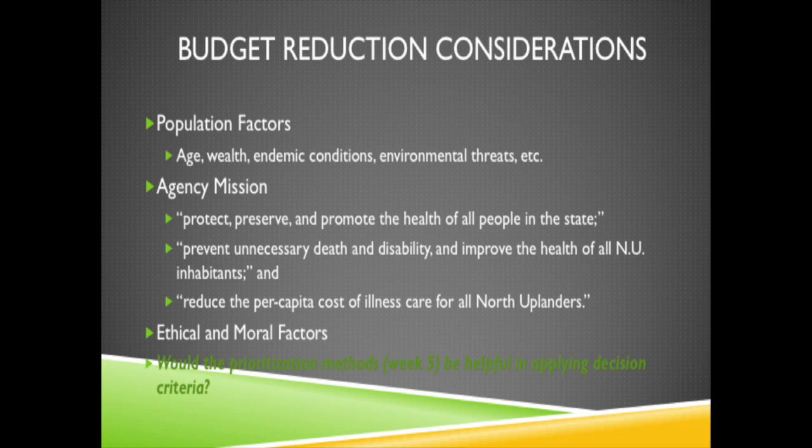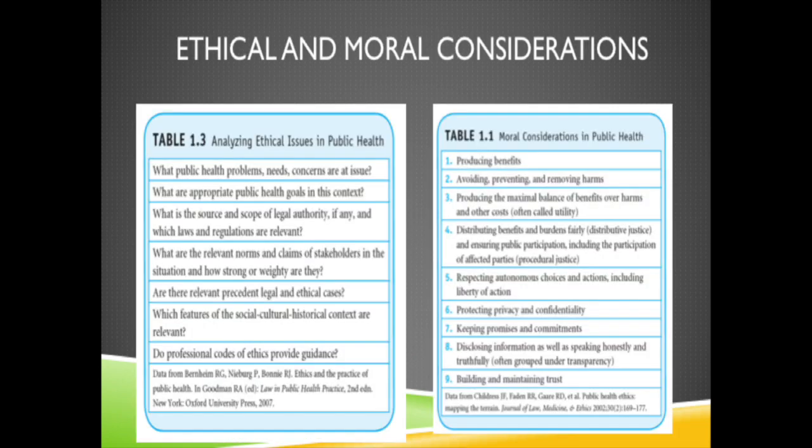To make these budget cut decisions, it is important to have a framework in mind so that it makes the decision making a little bit easier. So things to think about, right, are the population factor, the agency missions, and the ethical and moral factors. By considering these specific factors, you can see that, okay, we have this worthy program, but it's really targeted to a really specific group and it's missing out this huge other population.